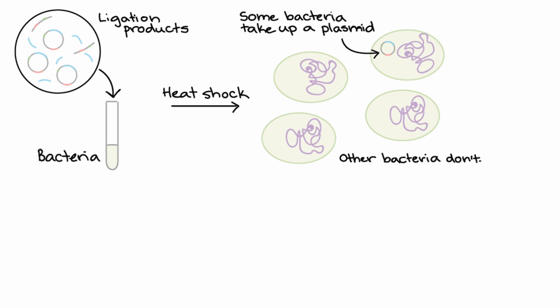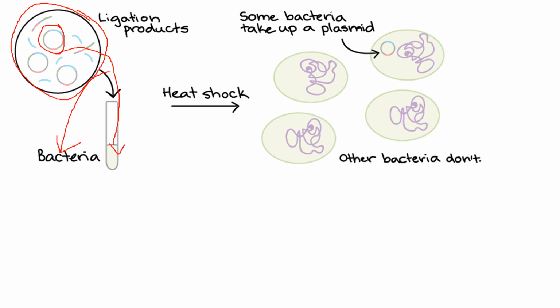After we've made the recombinant plasmids, the plasmids that are carrying our DNA of interest, they need to be reintroduced into the bacteria. So the bacteria is put in a suitable solvent, and then our plasmids that contain the ligated product are incubated together with the bacteria.